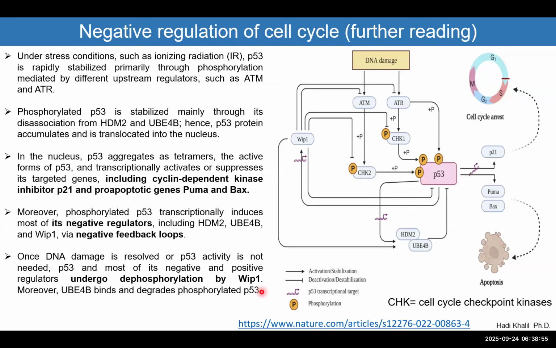And this most of the time happens with the protein WIP because the WIP causes the dephosphorylation of the P53. So WIP is going to dephosphorylate P53, and that is enough to bring it back to normal and therefore stop the expression of P21 and PUMA, BAX. And therefore the cell continues now in the cell cycle.